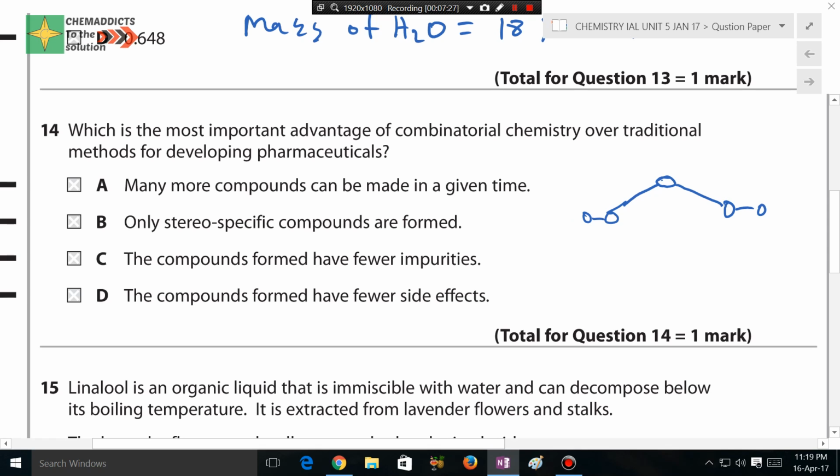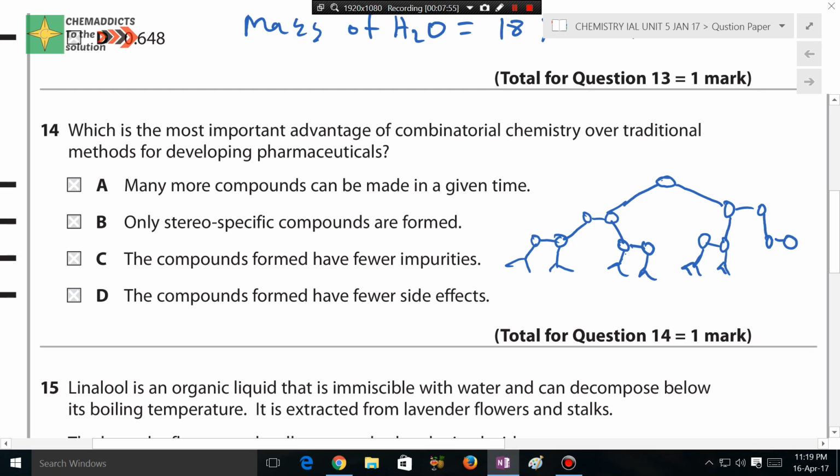From here we move on making other two chemicals, just like this. So we are finding the possible chemicals that we can make from one chemical. It divides on and on like this.